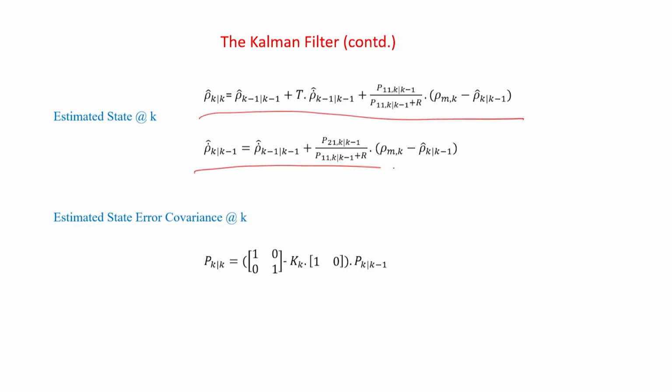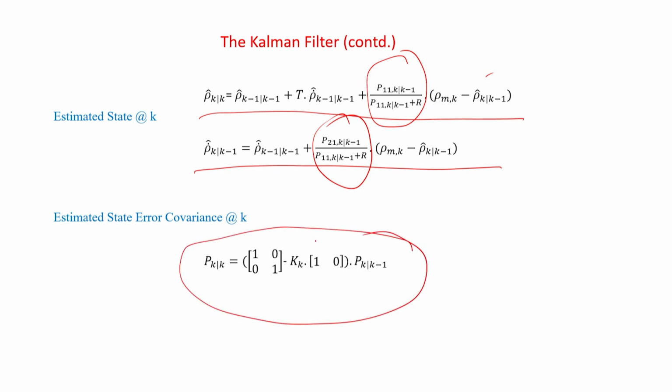This is now your alpha and this is your beta, but they change at each and every dt. The estimated state covariance is I minus KC times the predicted covariance. Now the gains are functions of the error covariance, which is also changing at each and every dt. This is the simple Kalman filter implementation.